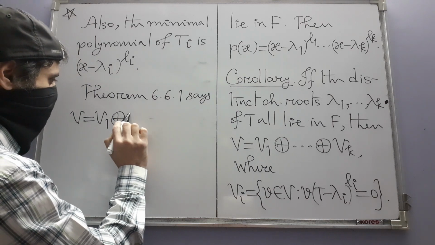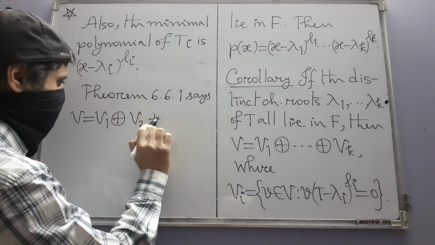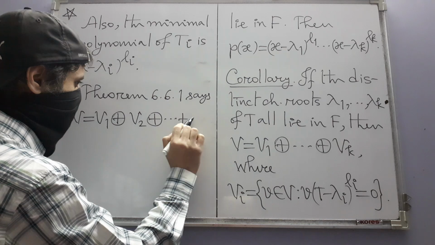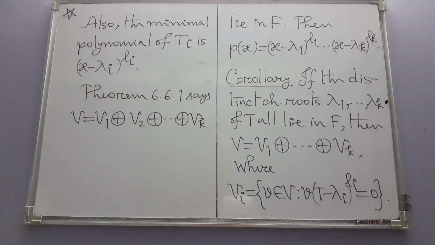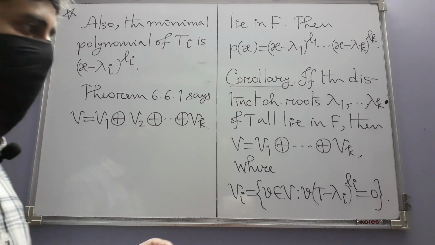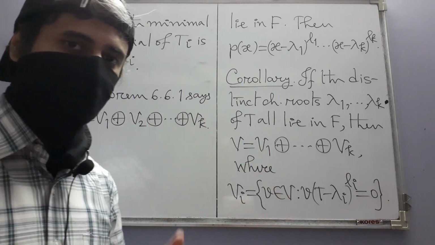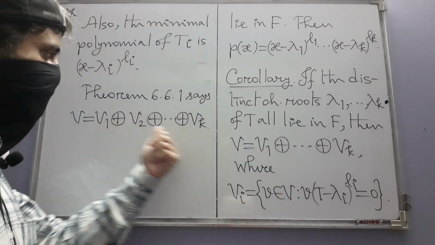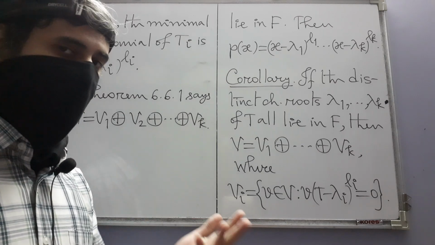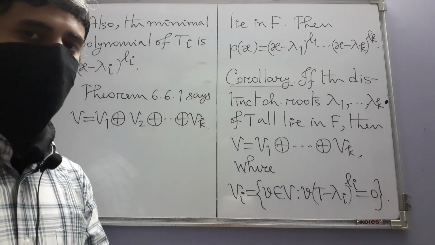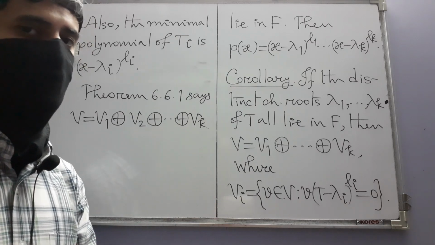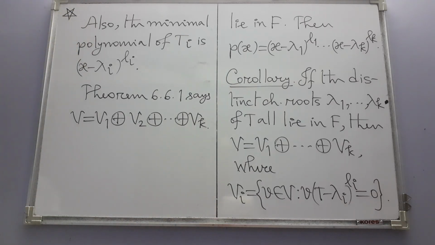Let me write one more subspace, Vk. Now, if you recall a general result about any linear operator on V which has a decomposition like this, which we have already seen, it is about the matrix of such an operator under some special basis. We have seen this.